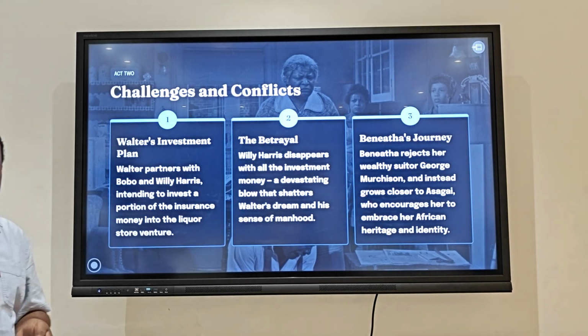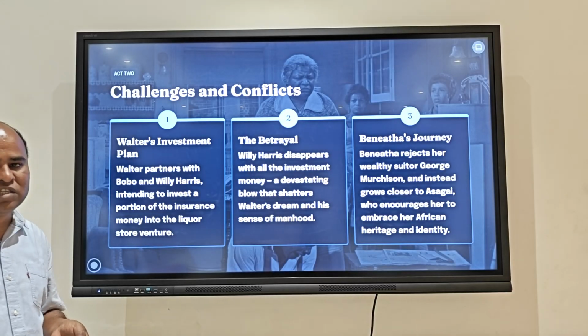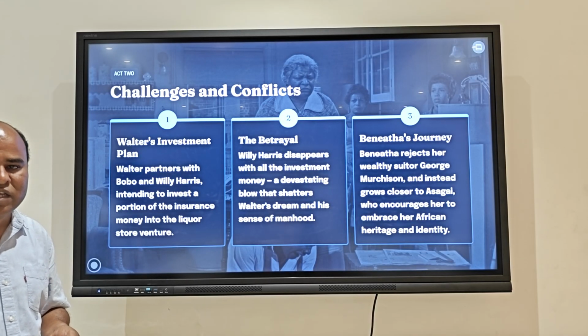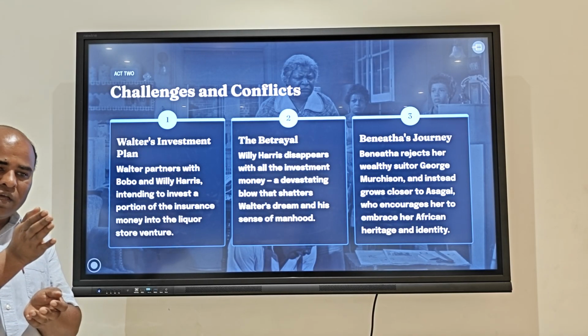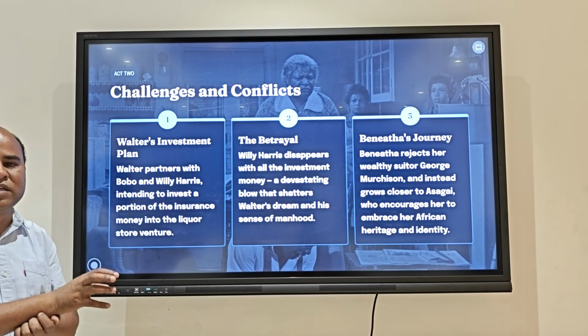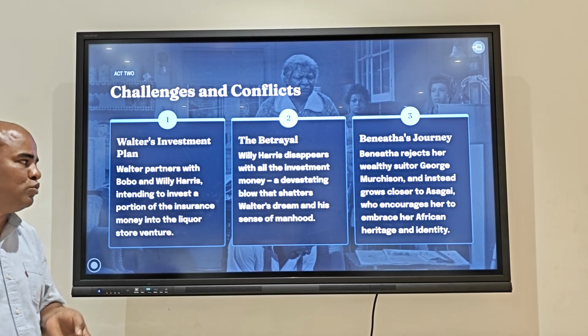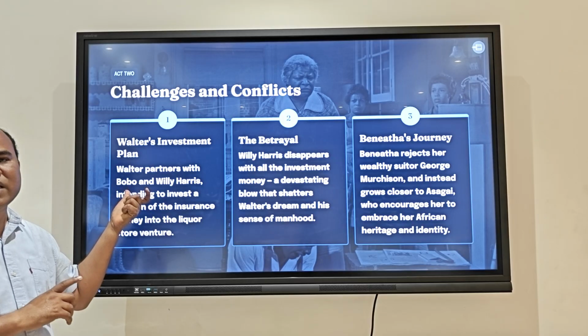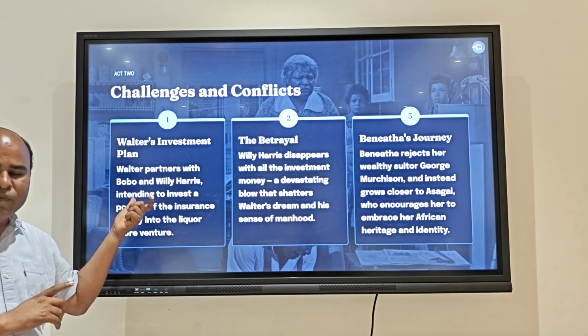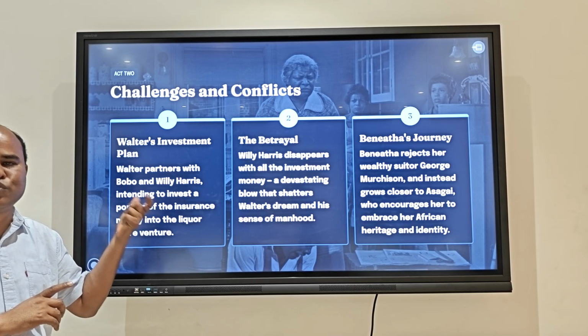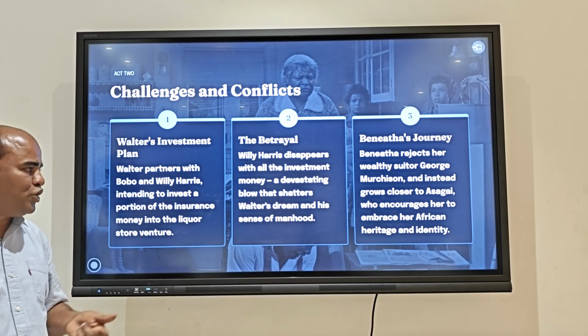And Walter makes a fateful choice. Instead of depositing Beneatha's portion into the bank, he hands over the entire amount to these two notorious characters who were going to crack a deal of a liquor store for him.